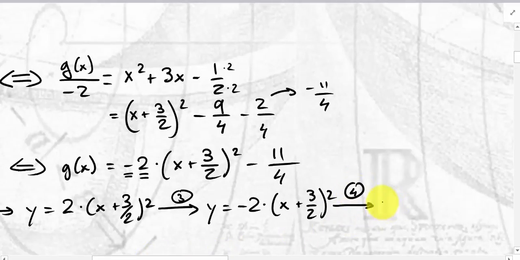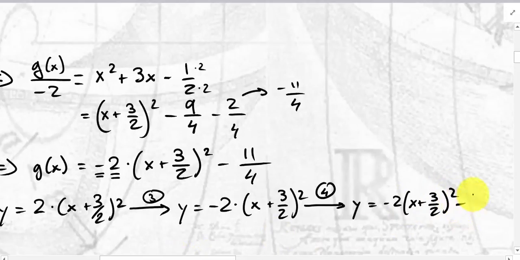So number 3, y equals negative 2 times x plus 3/2 squared. And finally, the last one is a vertical translation, y equals negative 2 times x plus 3/2 squared minus 11/4. That's how I go from f to g.